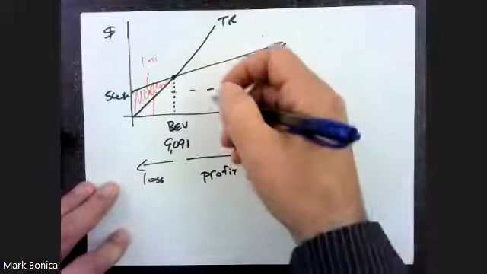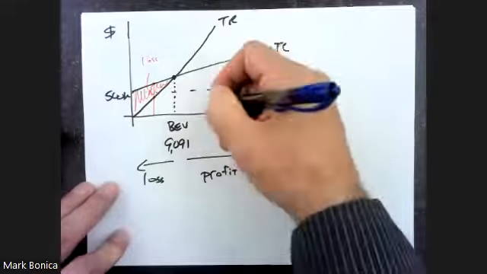If I'm over here to the right of Bev, say 10,000, my total cost is less than my total revenue, and so this is my profit.